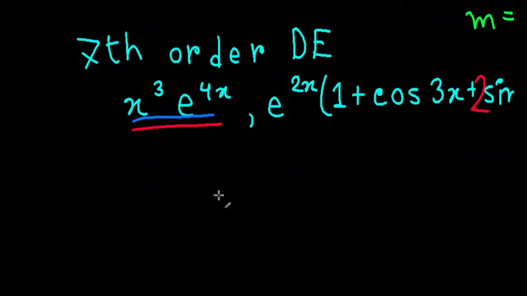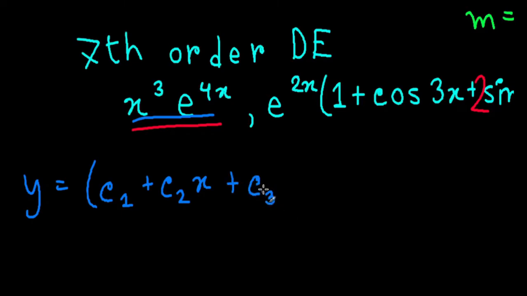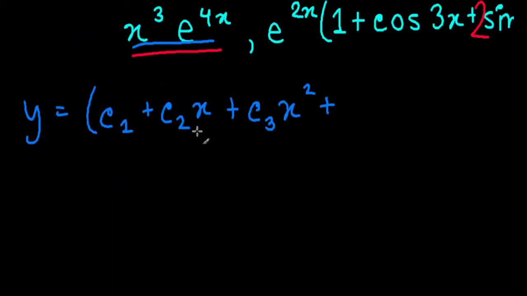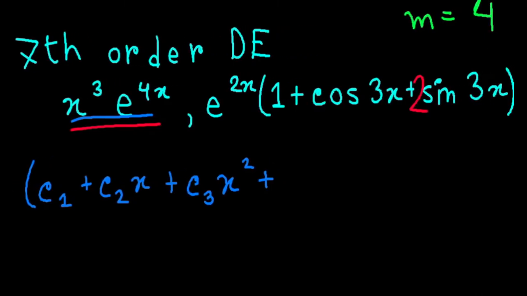So at the very least, we know that y equals some constant c1 plus some constant c2 multiplied by x, plus some constant c3 multiplied by x squared, plus some constant c4 multiplied by x cubed.